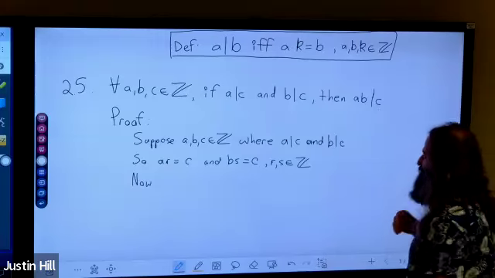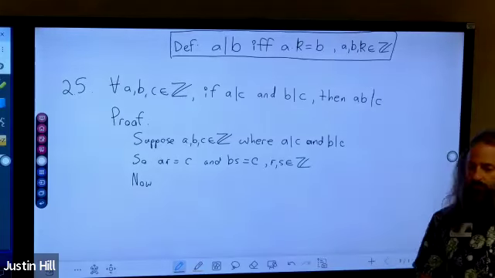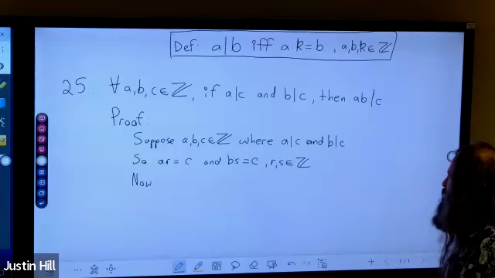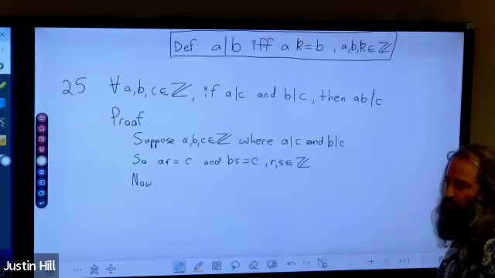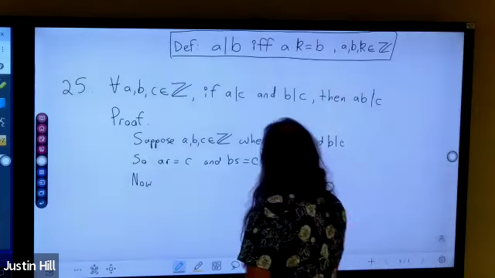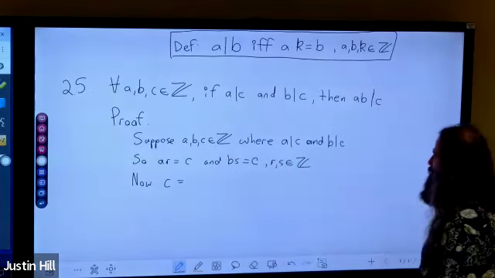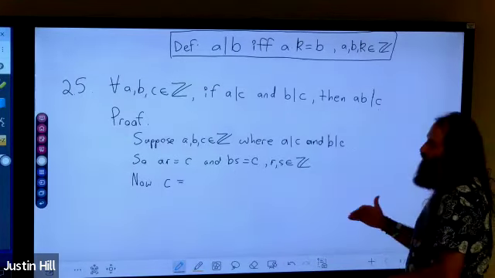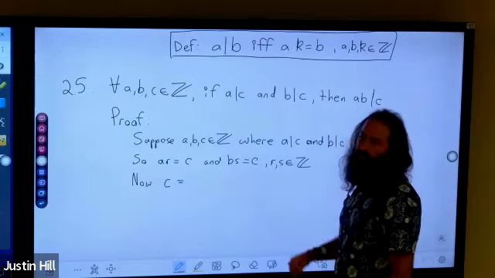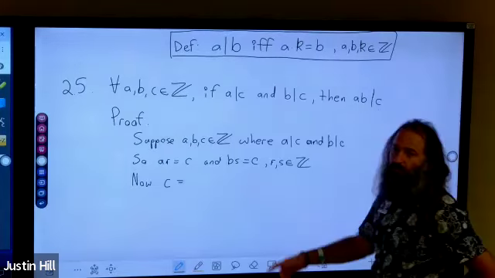So C exists as either AR or BS, depending on which way you want to look at it. So if I say now C equals, does it seem like I can go any farther? And when I say farther, I mean the direction I want is I need to end up with A times B equals an integer. And does it seem like I can get there from C?